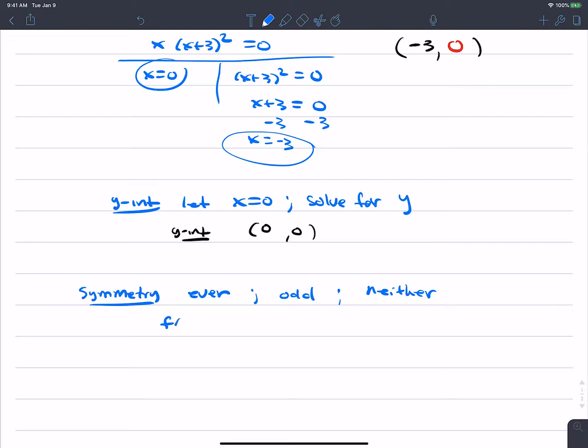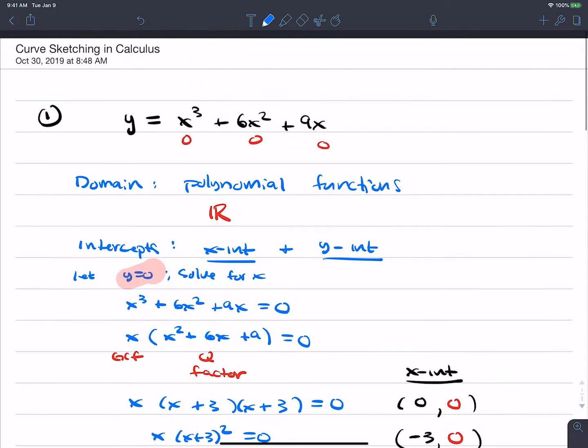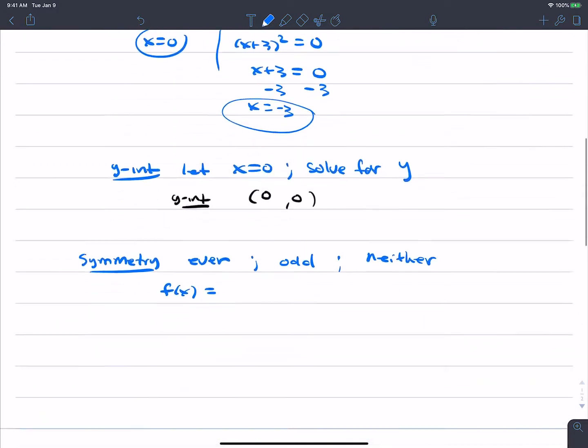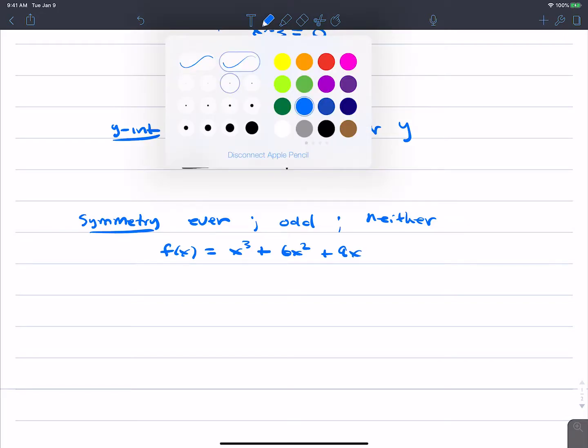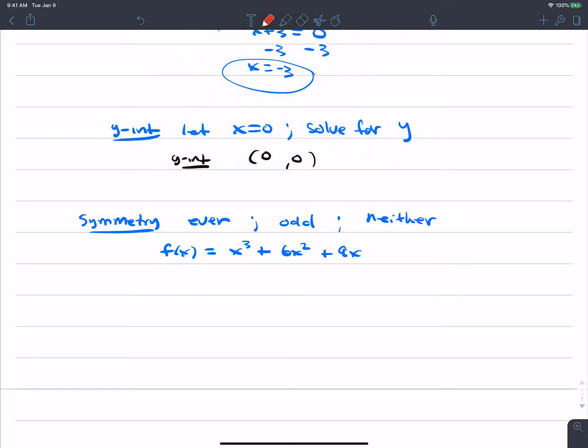So if my function f is, what was that function? What was the original function? X cubed plus what? 6x squared. So here's what we do. Wherever there's an x, replace it with negative x.